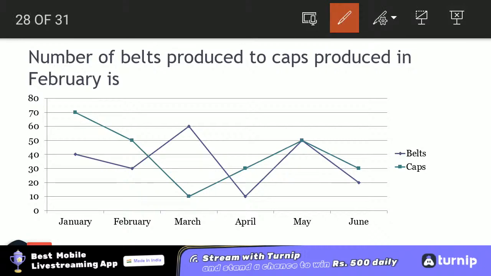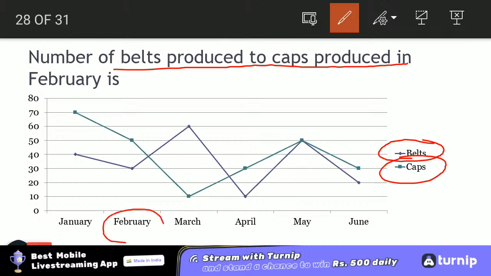Now the number of belts produced to caps produced. How many belts were produced to caps in the month of February? So basically 'to' means we again have to tell the ratio. So you see how many belts are produced? The belts produced are 30 and the caps produced are 50.